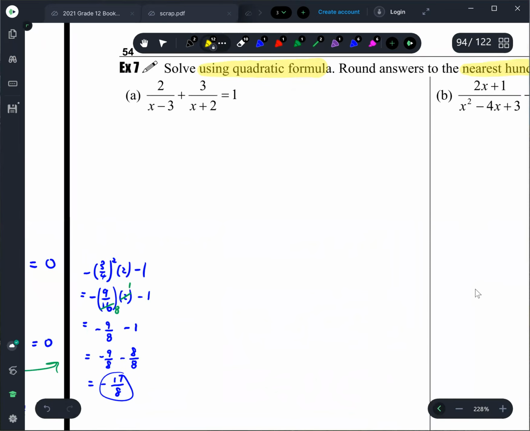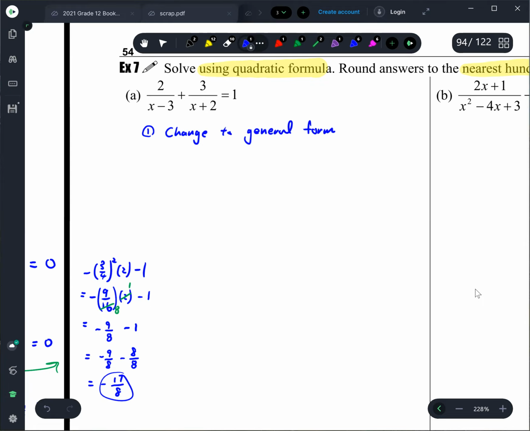So of course, you can see that this is not in general form, right? So we need to do some work before we can apply it, before we can plug in the numbers, because we don't have a, b, c here. So first, we need to change to general form.